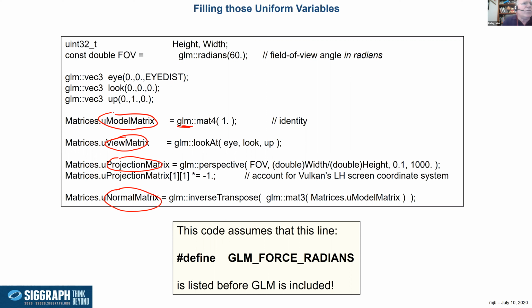That's always driven me crazy because everything else in the galaxy uses radians. If you put this at the top of your program, it will force GLM to use radians. But anyway, here's how it is filling the matrices in that matrices structure.